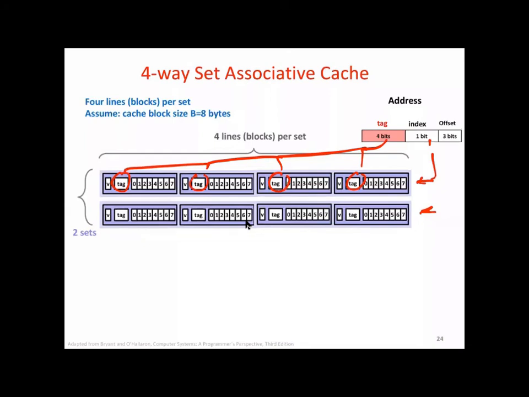So here, how many such blocks are mapped to these 4 blocks, which can go anywhere? 2 raised to the power 16 such blocks in main memory are mapped to these 4 blocks, this set in the cache. Any one of these, if referenced by the CPU, can go to any of these places.